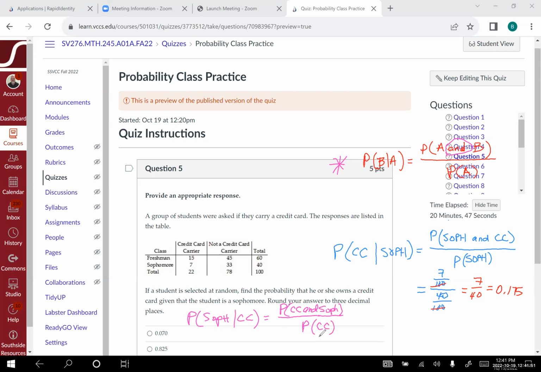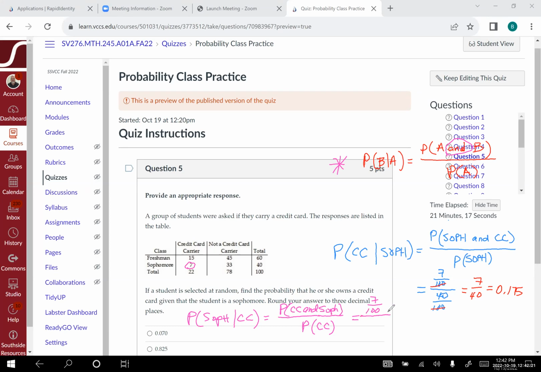So when we flip the order of these two things from credit card given sophomore to sophomore given credit card, it changes that denominator. All right, so the numerator, credit card and sophomore, well, that's still these same 7 students. They have a credit card and they're sophomores, 7 out of 100. But now what does the bottom look like?